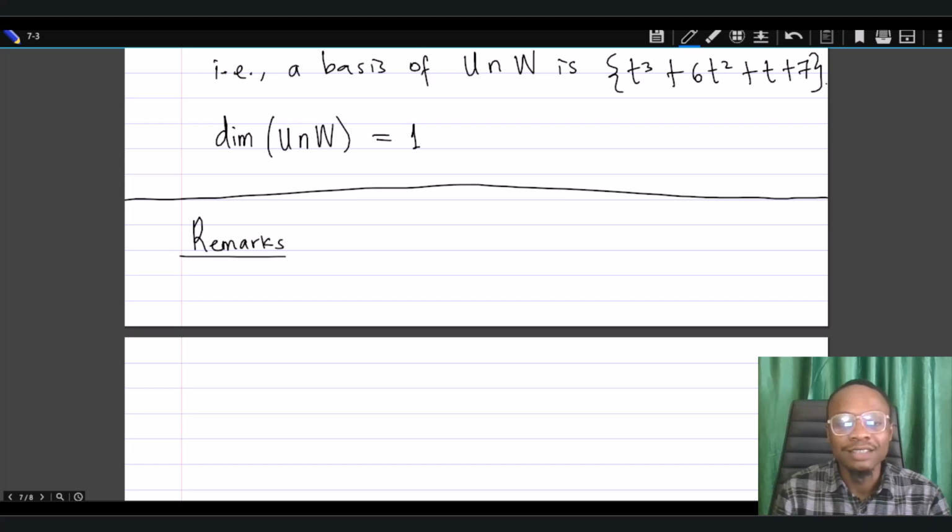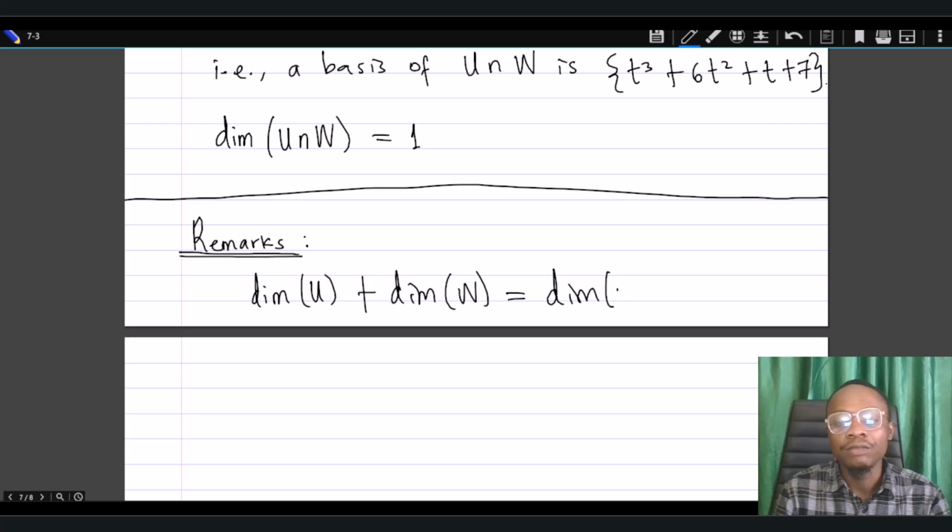Actually, this is a theorem that could also be established rigorously, but we will here only state this theorem, that the dimensions are related by this. The dimension of U plus the dimension of W is equal to the dimension of U plus W plus the dimension of U intersection W.